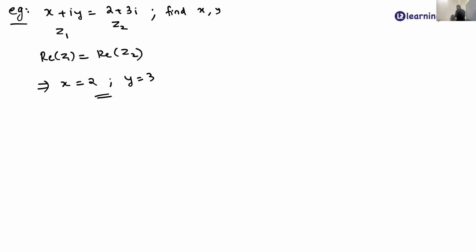So I hope this is over. Next is, we will see the concept of power of I. The concept is power of I. We know that I is equal to square root of -1, right?